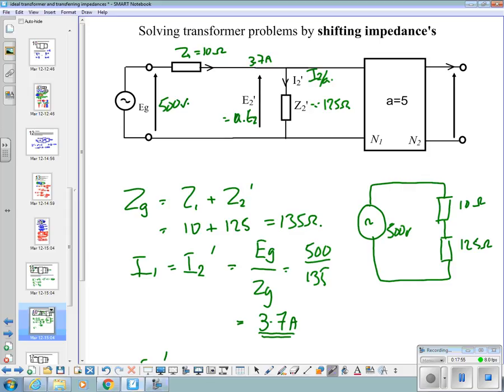So we can find the value of E2 when it's on the primary side. We can calculate it back to the secondary side because we know this value is equal to A times the real value of E2, sorry. Do we know enough now to be able to calculate that voltage?